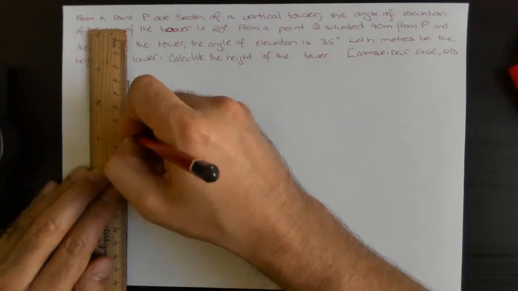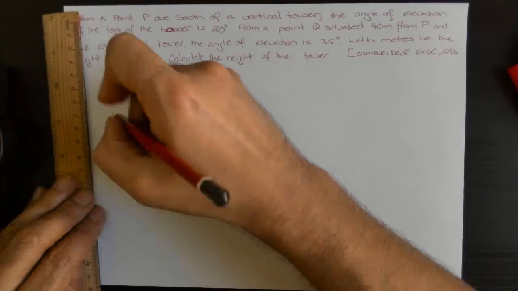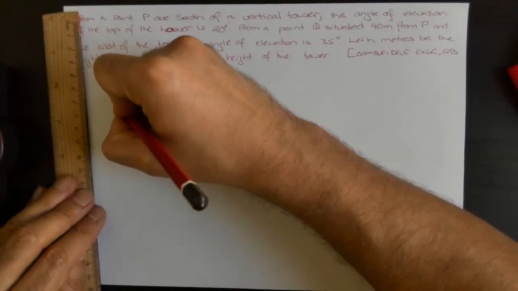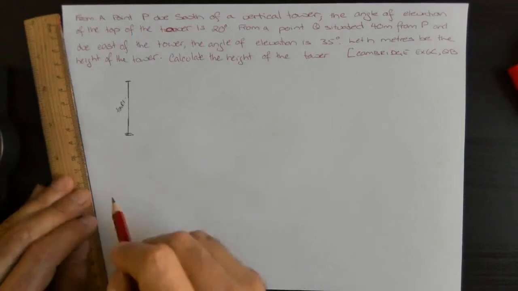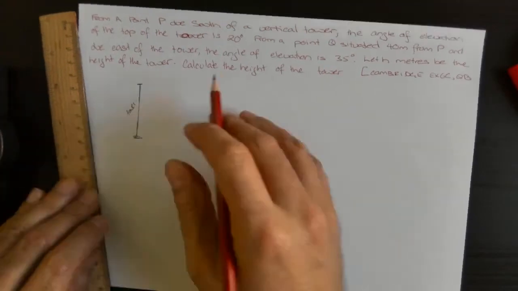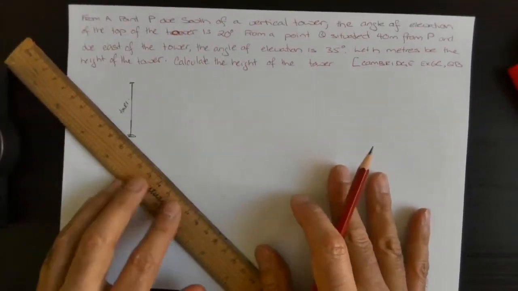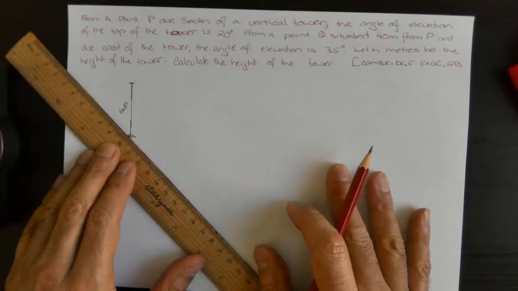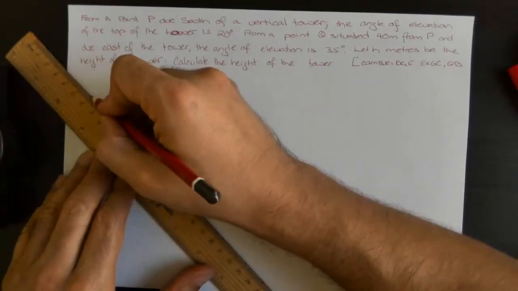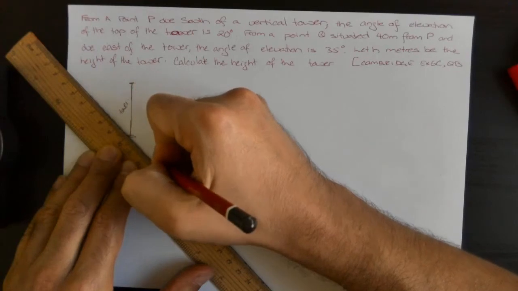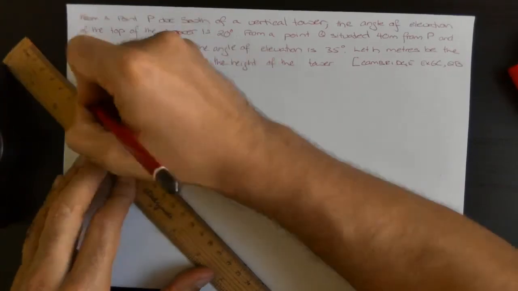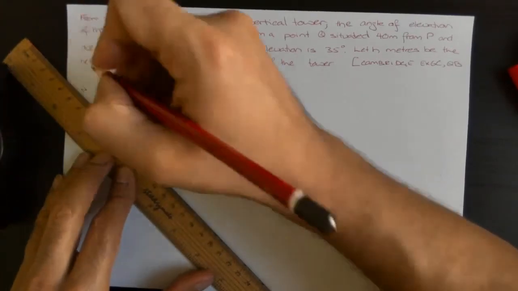Why not? This is my tower. Okay, I've got a point which is due south. Due south is kind of there if we had north going up, but you don't need north to be up. So what I like to do is have north going at an angle.